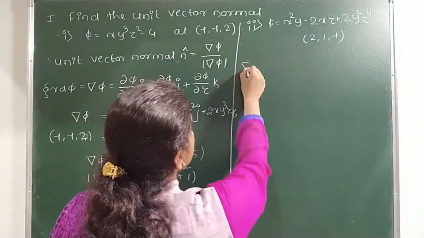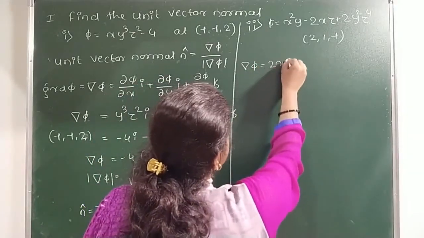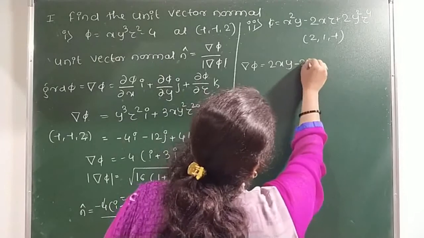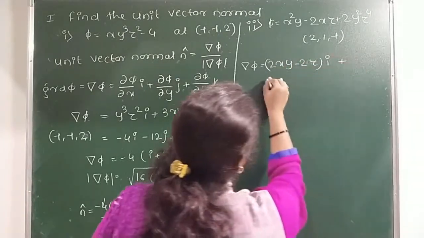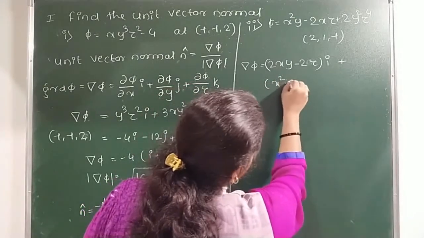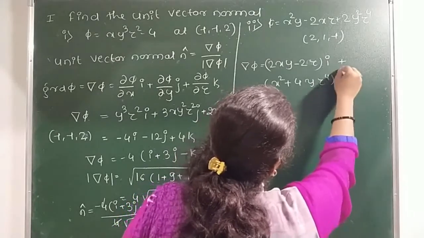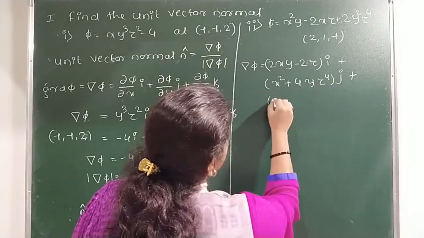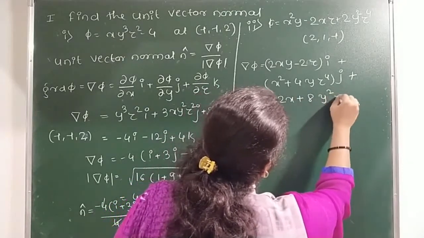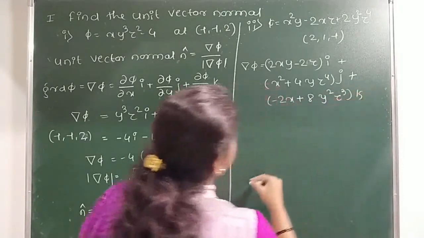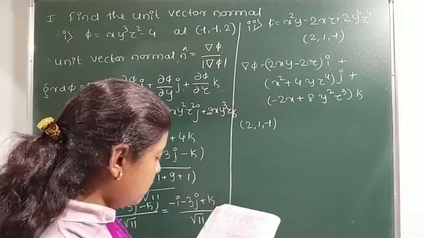After that we find del phi, the grad phi, with respect to x, y and z, giving 2xy minus 2z i plus x square plus 4yz raised to 4 j plus minus 2x plus 8y square z cube k. For this we substitute (2, 1, -1).